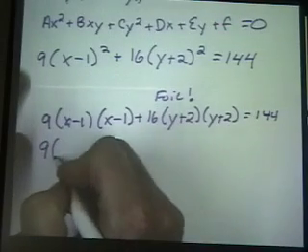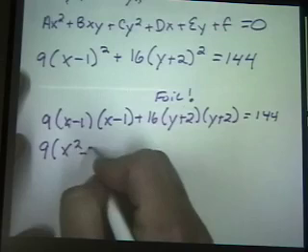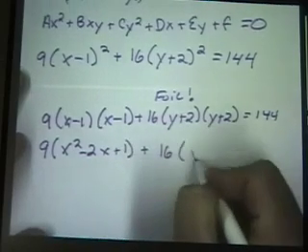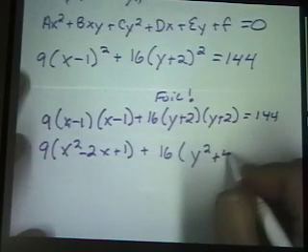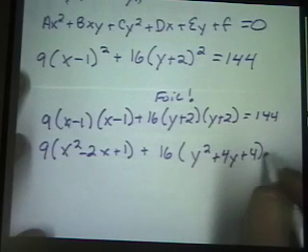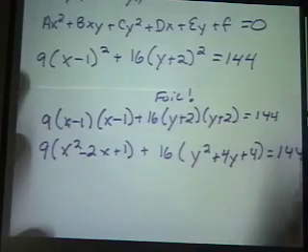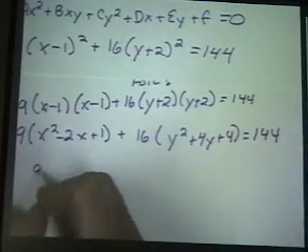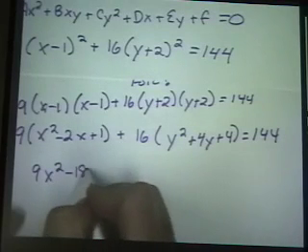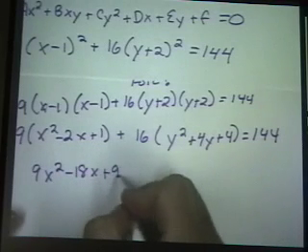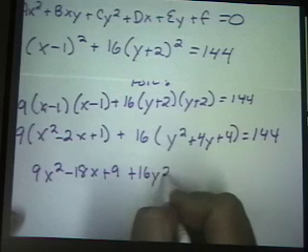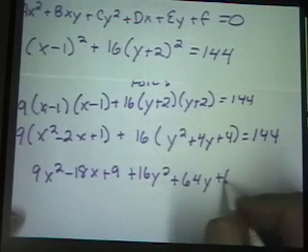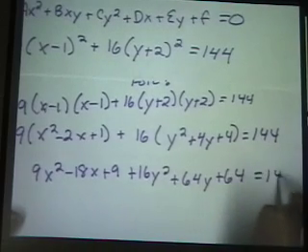I'm going to have 9(x squared minus 2x plus 1) plus 16(y squared plus 4y plus 4) equals 144. I'm getting close. I'm going to have to distribute the 9 and the 16: 9x squared minus 18x plus 9 plus 16y squared plus 64y plus 64 equals 144.